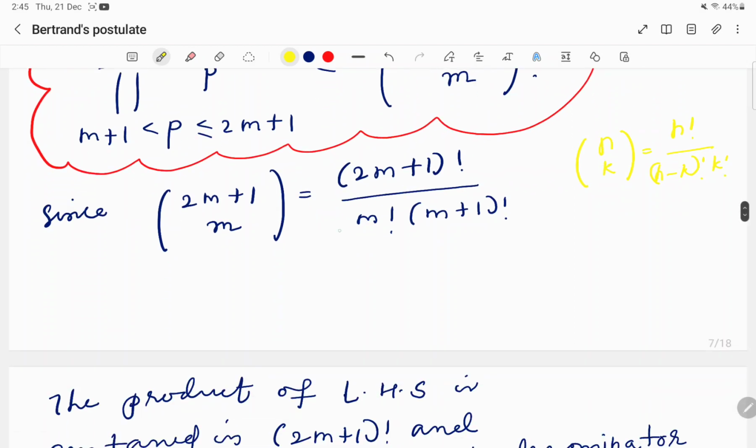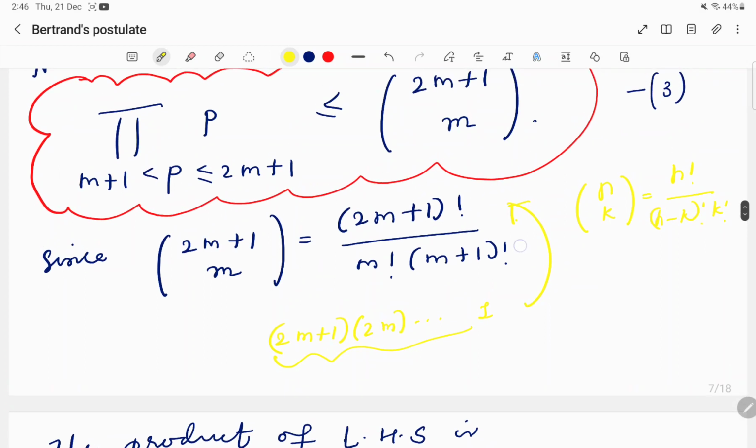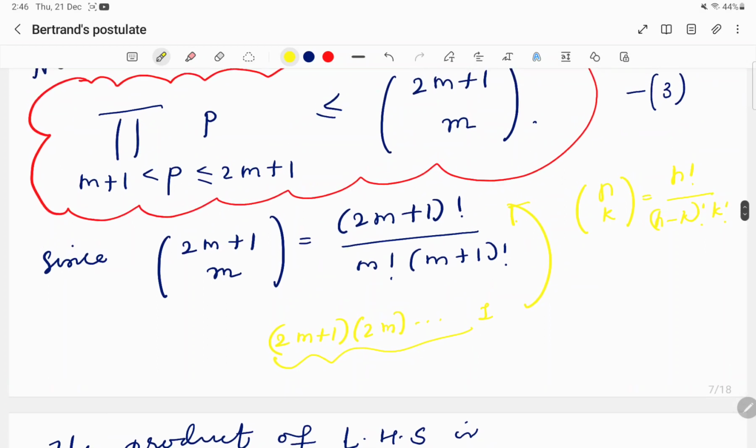Now note that 2m plus 1 factorial is nothing but 2m plus 1 times 2m times up to 1. So this numerator contains all the primes less than or equal to 2m plus 1, right? So in fact it contains all the primes in between m plus 1 and 2m plus 1 also.